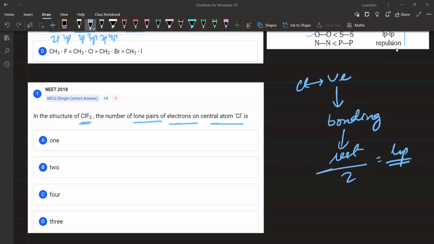Okay, so chlorine has 7 electrons, इसमें 3 are used for bonding, and this will be equal to 4 divided by 2 is equal to what? 2 lone. ठीक है.